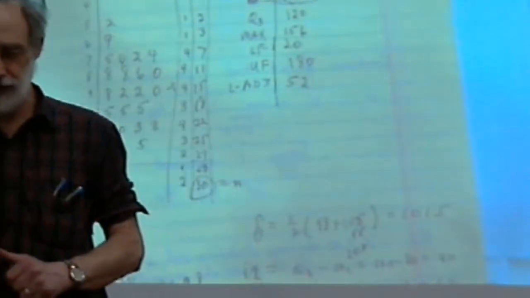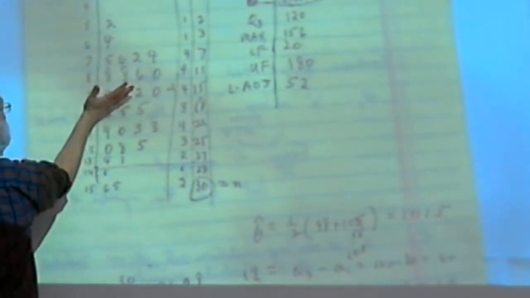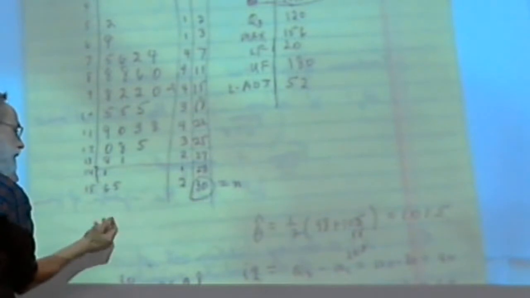And if you go back to our example, if I pick 101.5, then half the data is greater than that and half the data is less than that. n over 2 would be 15. So 15 data points are less than that, 15 data points are greater than that. Actually, it's between the 15th and the 16th, but it's almost n over 2. So the median just chops the data in half.